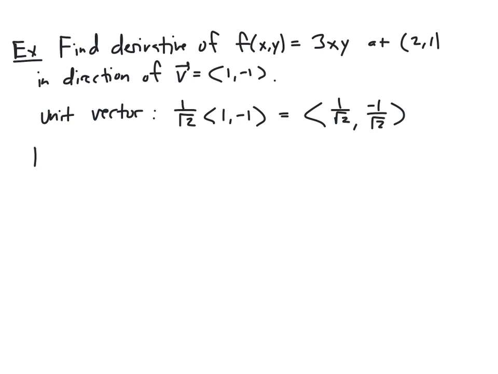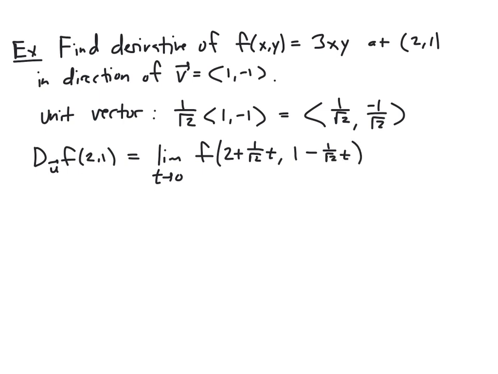Now we can go ahead and substitute everything into our limit definition. So we want the directional derivative in the direction of u of f at (2, 1). That's our point. By definition, this is the limit as t goes to 0 of f of (2 plus 1 over square root 2 t, 1 minus 1 over square root 2 t) minus f of (2, 1), all over t.